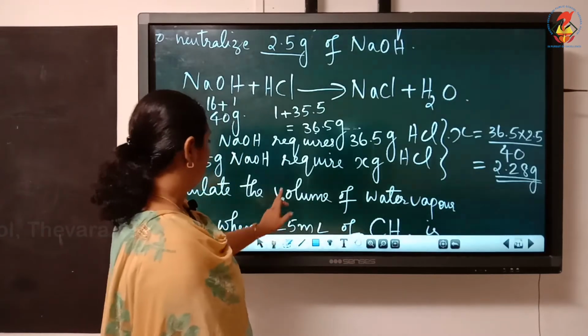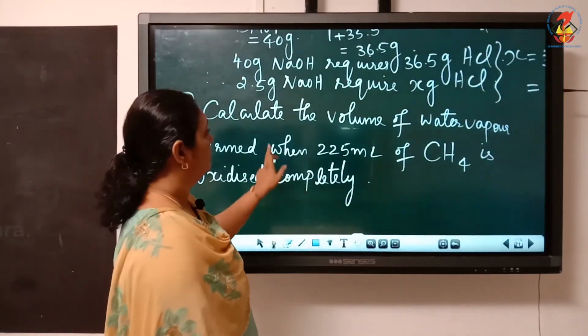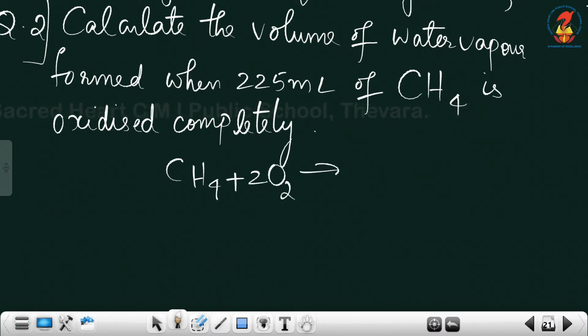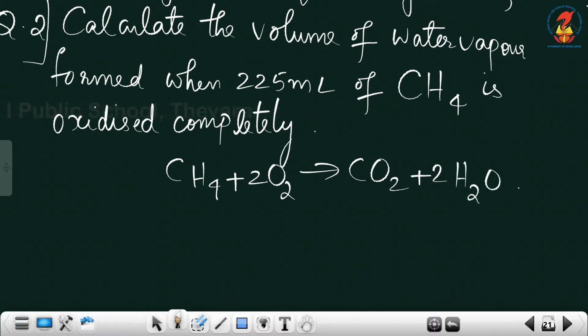Now the second question: calculate the volume of water vapor formed when 225 ml of methane is oxidized completely. First we have to write the balanced equation. Here it is the oxidation, or combustion, of methane. The balanced equation is methane plus 2O2 gives carbon dioxide plus 2H2O.